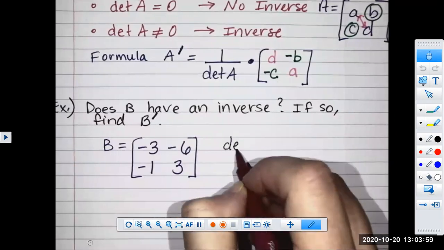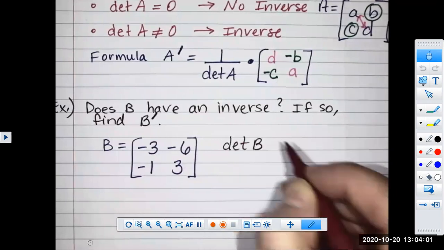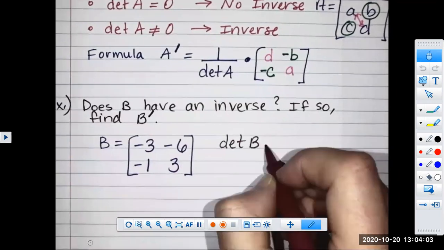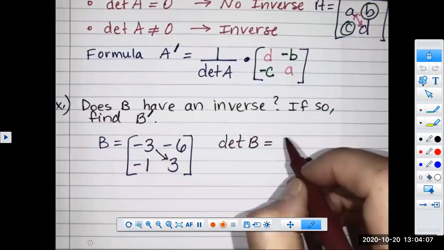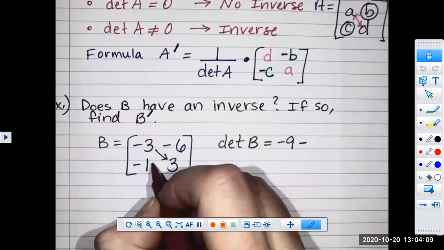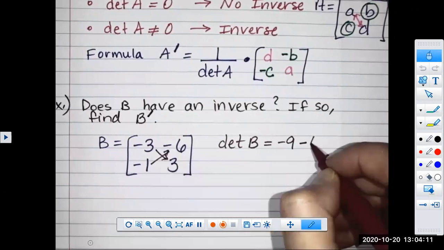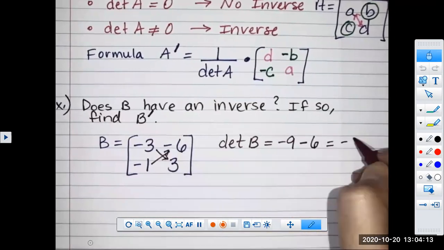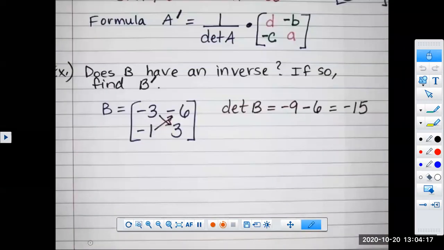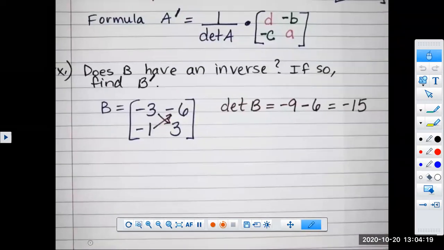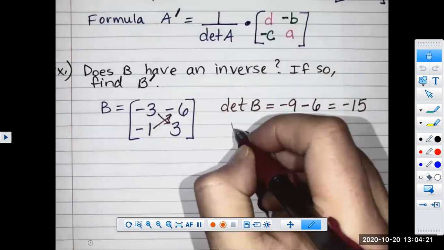Good, we got to make sure the determinant is not 0. So the determinant of matrix B: multiply this way, subtract, multiply that way, and get positive 6. So my determinant is negative 15. Does it have an inverse? Yes, it does. So let's move on.